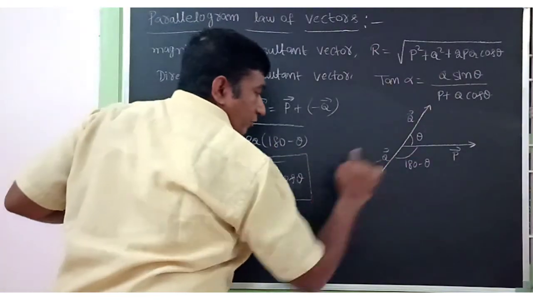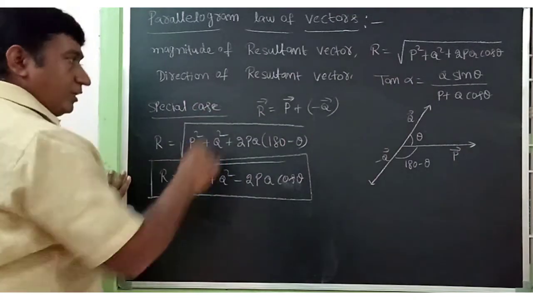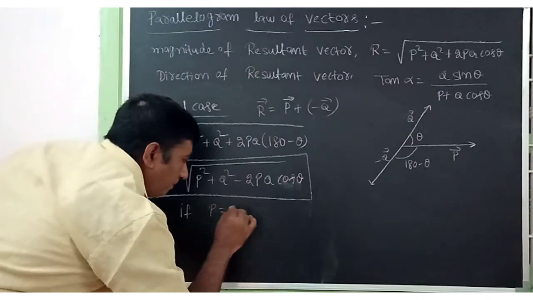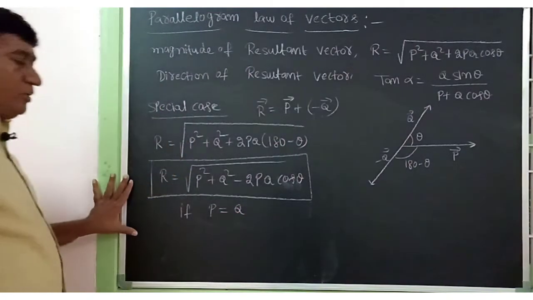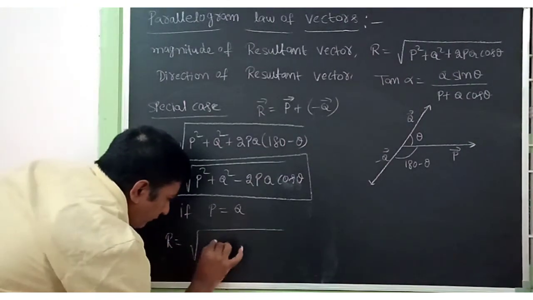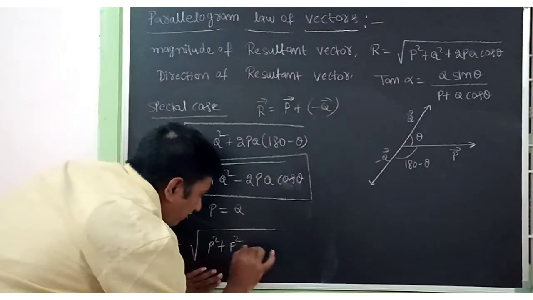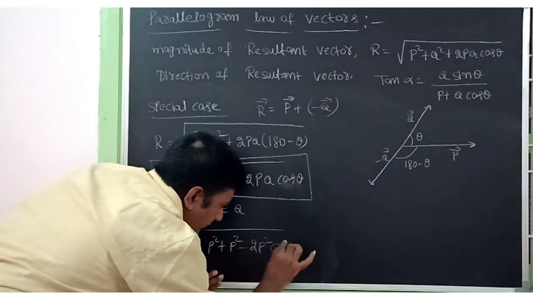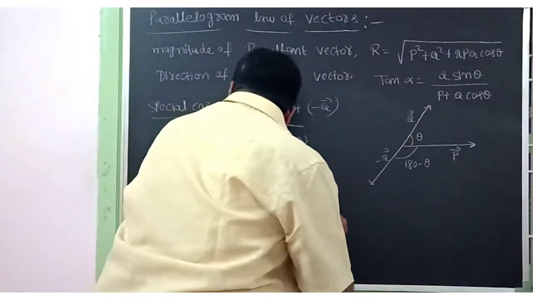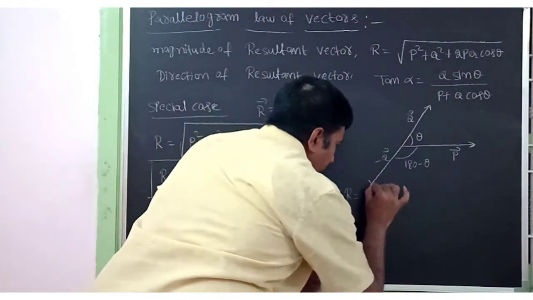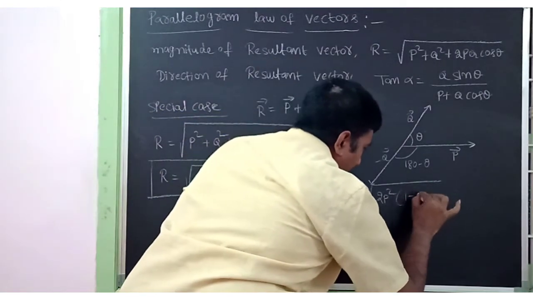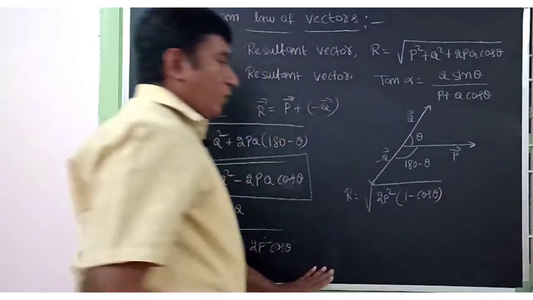So whenever we are taking the negative, in this case, if p is equal to q, what I am going to get is r equal to root of p square plus p square minus 2p square cos theta. By taking 2p square as common, r is equal to root of 2p square into 1 minus cos theta.